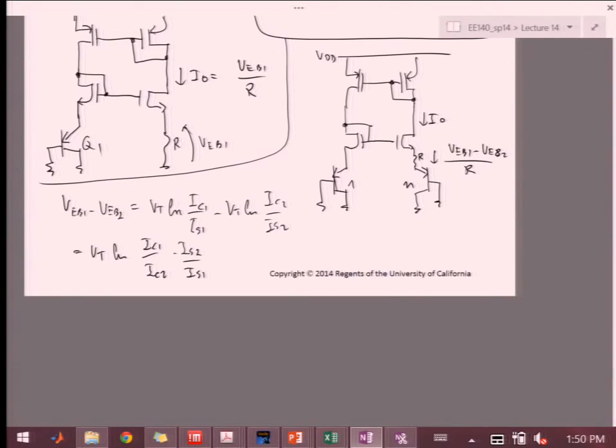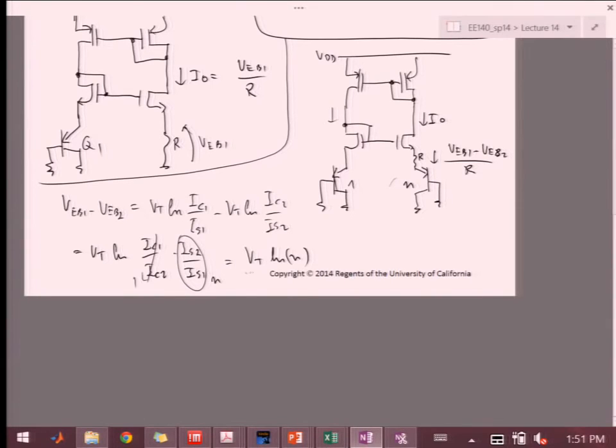And because the same current is flowing here, unless I ratio these devices as well, this is 1. And N is the ratio of the leakage currents because just the areas of the emitters are different. Right, so then the difference is just log of N.